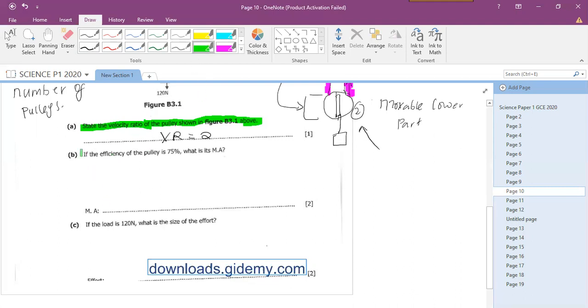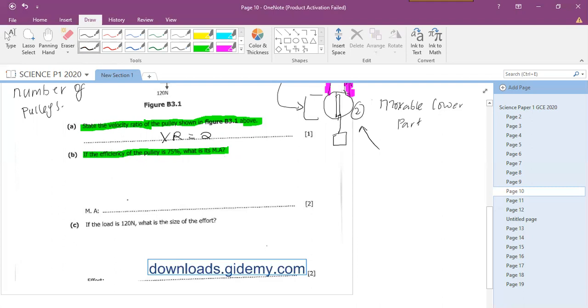This question is saying if the efficiency of the pulley system is 75%, remembering that a percentage is a number over 100, so we have to divide this 75% by 100 at some point, what is the mechanical advantage of this pulley?